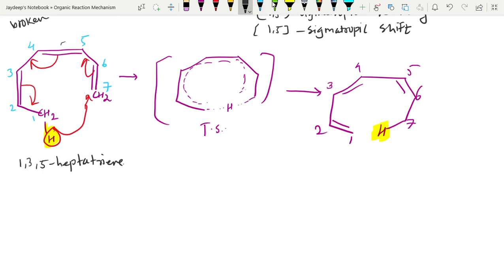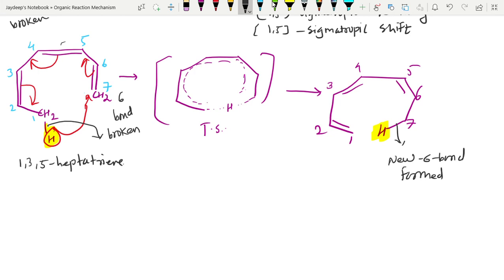The sigma bond between hydrogen and carbon 1 is broken, and a new sigma bond is formed.